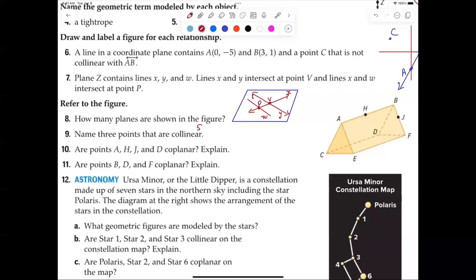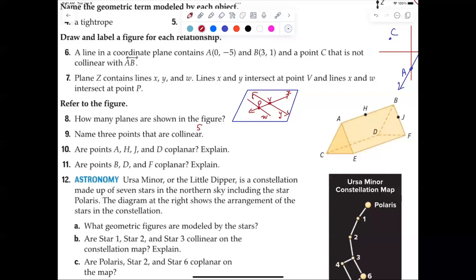What did I tell you coplanar meant? On the same plane. I just don't think that's a hard definition. All right, collinear and coplanar. For some reason, people have a hard time with that. What do you think it means? What does collinear mean?